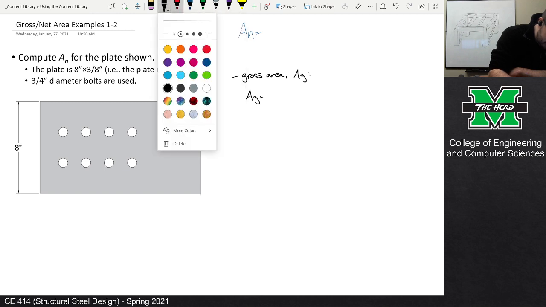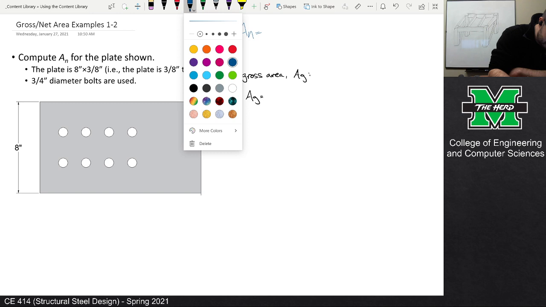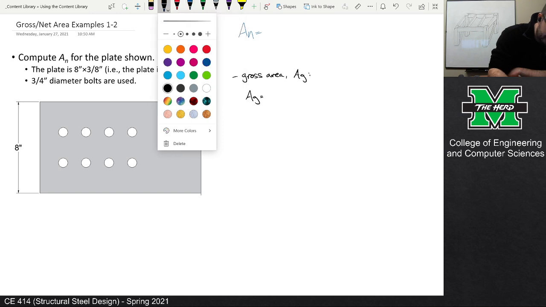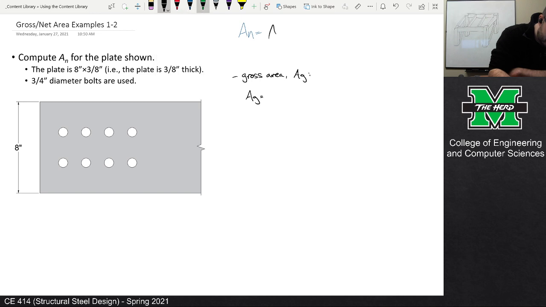So the formula that Mr. Ball mentioned was AG minus the area lost due to bolts. And that's the net area formula. But in order to compute the net area, you have to get the gross area first.